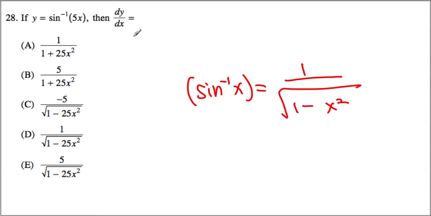Now, in place of x we have 5x, therefore we're going to get 1 over square root of 1 minus 5x squared. But by the chain rule we have to multiply by the derivative of the inside, which is 5. So then it seems to be that our answer should be choice E.